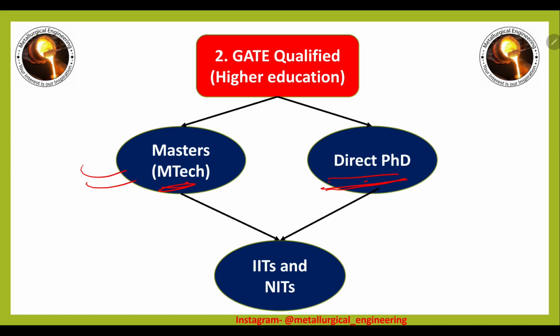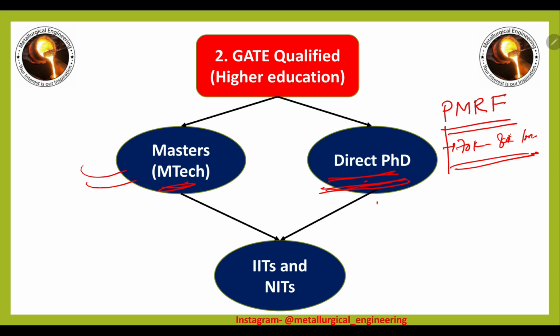You can also choose one of the most prestigious scholarships, called PMRF, the Prime Minister Research Fellowship, in which you will get 70k to 80k per month.